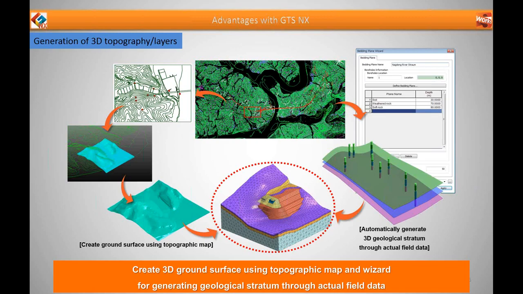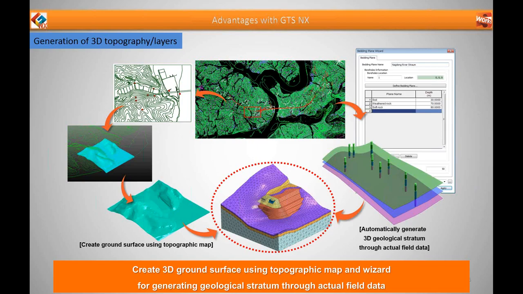You can create that DXF file, select those bores, and with the help of an option called bedding plane, input the depth of each layer. Now, let's suppose you have 3 boreholes, the program will interpolate the depth of each layer and automatically generate the profile of the soil beneath the surface. So this is how the actual ground simulation is possible.